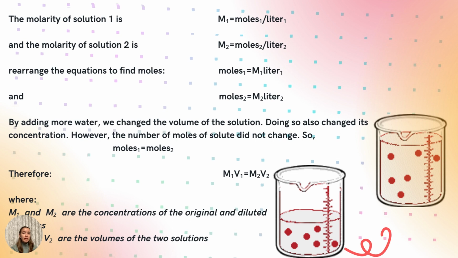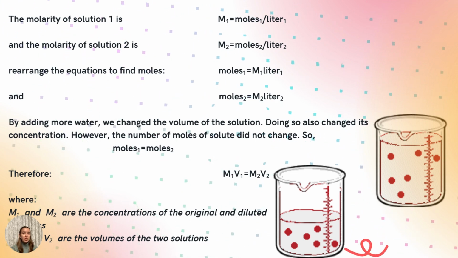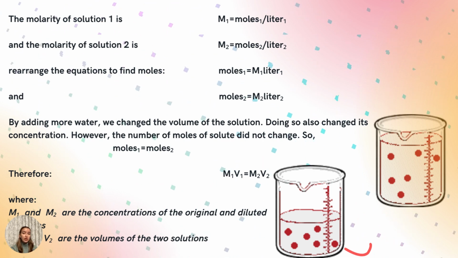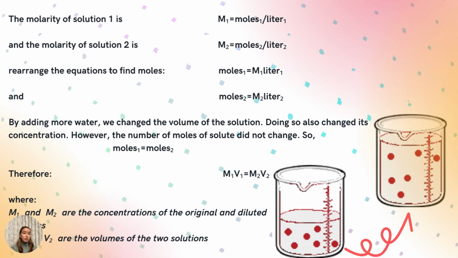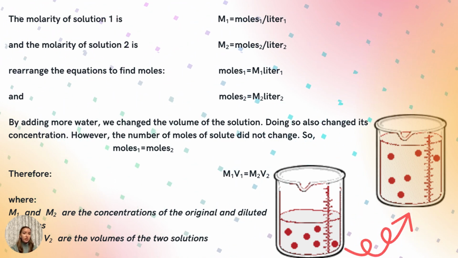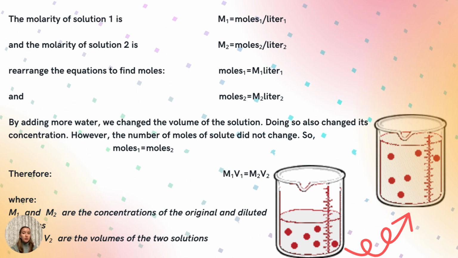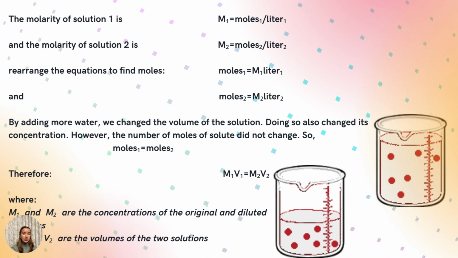So if we have the molarity of solution 1 being M1 equals moles 1 over liters 1, and the molarity of solution 2 being M2 equals moles 2 over liters 2, then we can rearrange the equation and have moles 1 equaling M1 times liters 1, and moles 2 equaling M2 times liters 2.